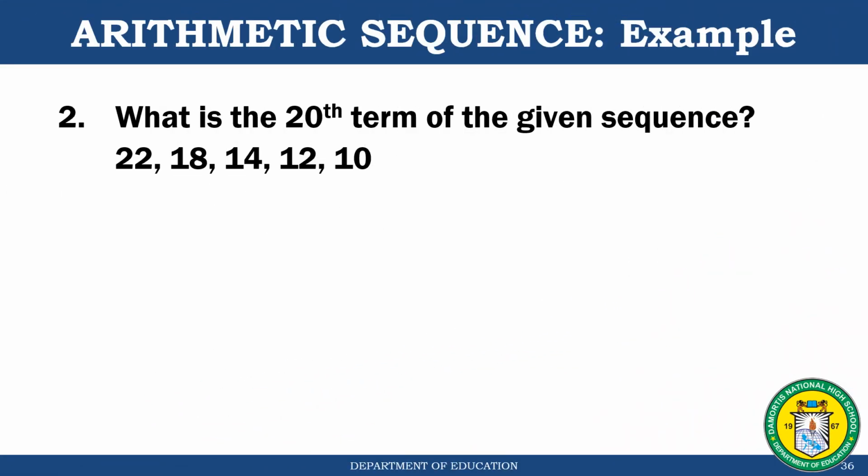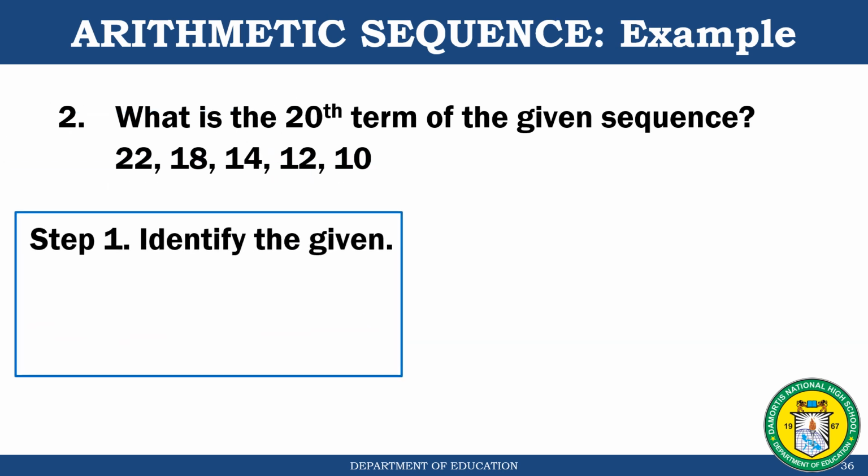Okay, let's have example number 2. What is the 20th term of the given sequence? 22, 18, 14, and 10. Okay, so using the formula, what will be the first step again? Correct. We identify the given. So what is a sub 1?